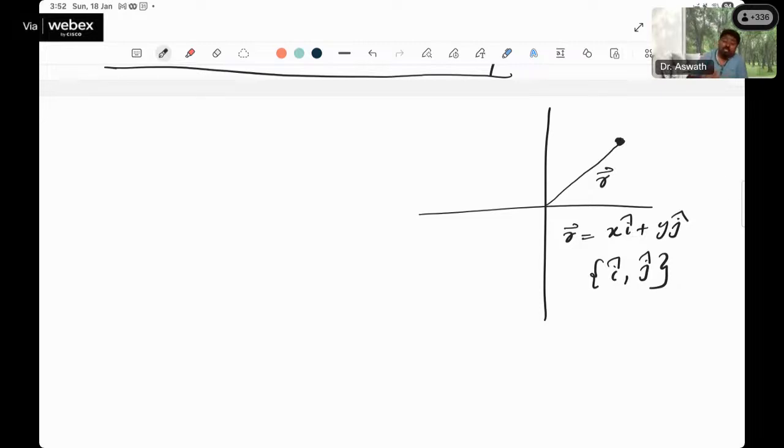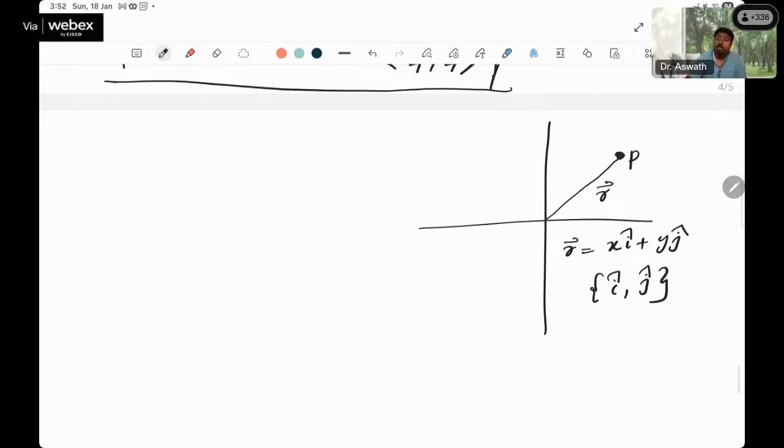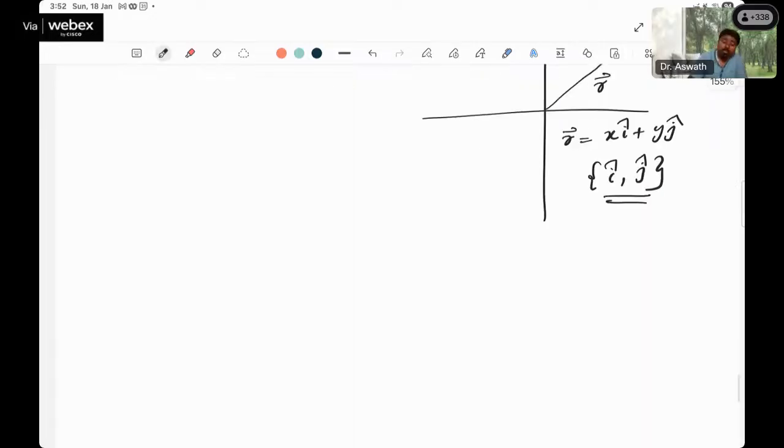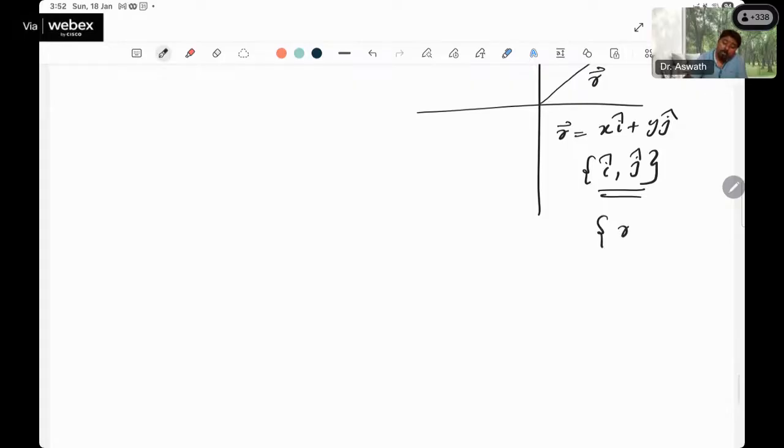But let's say some point P is not moving in straight lines and is going in a curved manner. Using the Cartesian coordinate system becomes not at all suitable. I need to use curvilinear coordinates or a polar coordinate system. It is made up of r cap and theta cap.